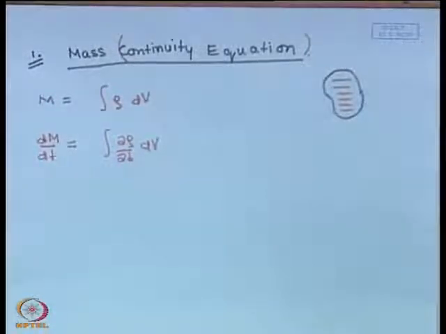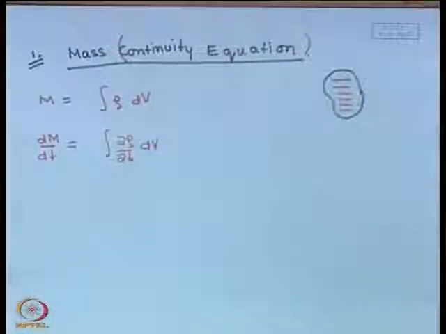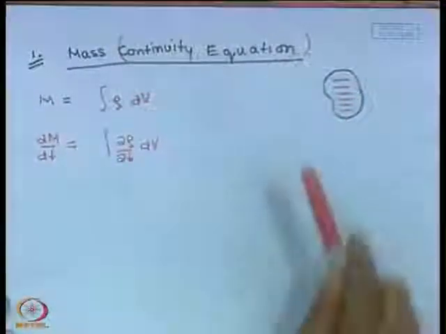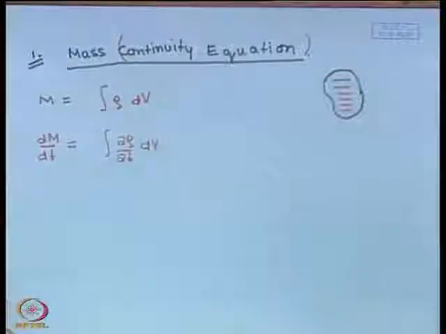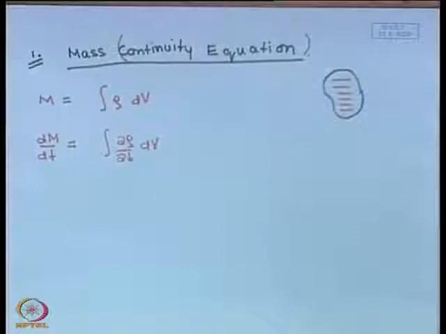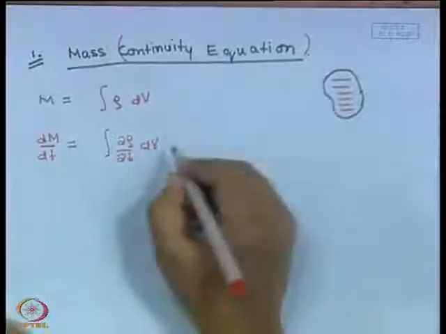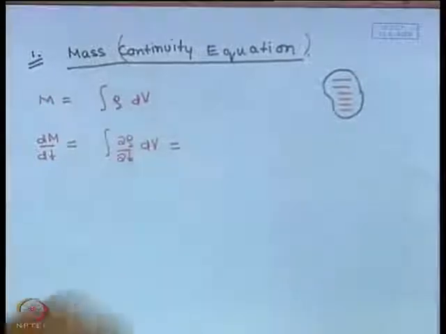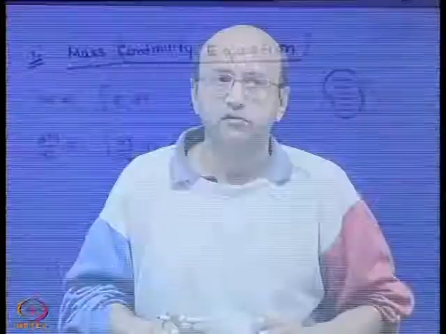Now, we know that mass is conserved. So, if any mass changes inside this volume, it could occur either because the mass has flown out or mass has flown in. So, this will be equal to, now if the mass flows out, then there is a net flux of the mass which is positive.